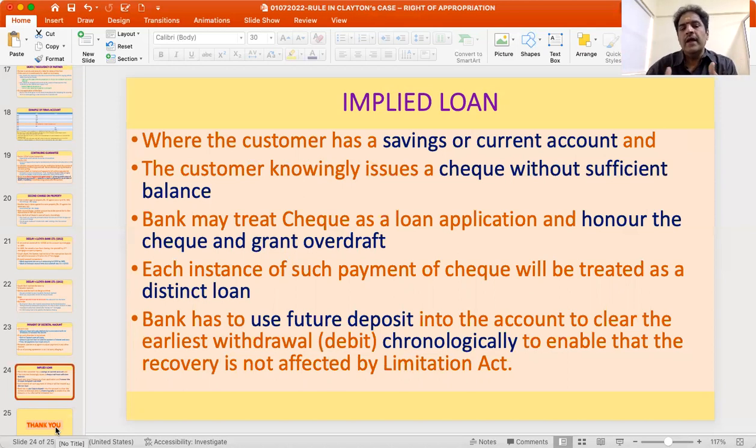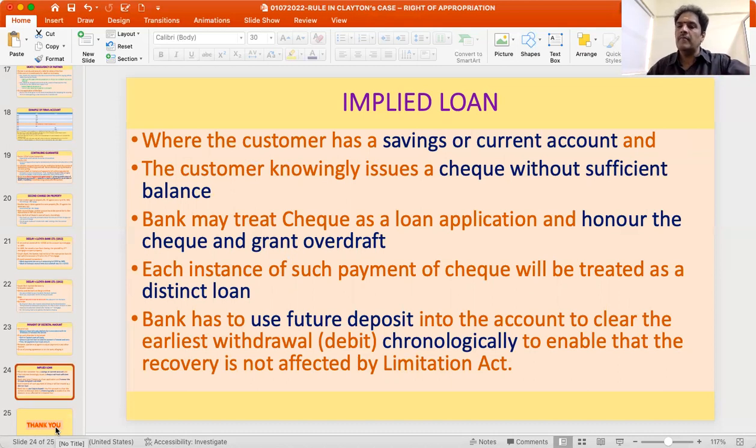So here, as and when the bank pays a check, each transaction will be treated as a distinct loan. And whenever any future deposit is made, this money will be appropriated on the first in, first out mechanism as decided in the rule in Clayton's case.